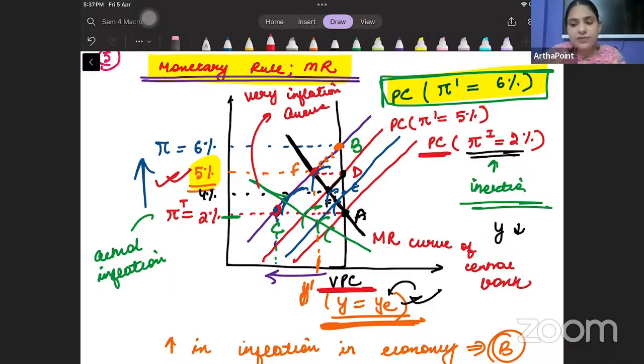Different central banks will have different monetary rules. So this is the monetary rule of that kind of central bank which is very inflation averse, and this is the monetary rule of that kind of central bank which is less inflation averse, which has to lower inflation by a smaller amount at a time, who is not very inflation averse. Such a central bank, which is less inflation averse, will go along this monetary rule path.